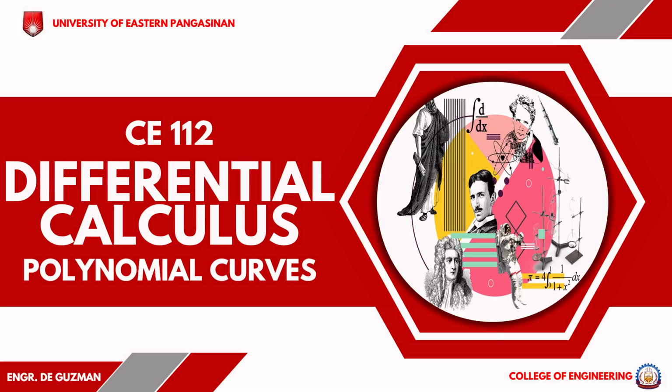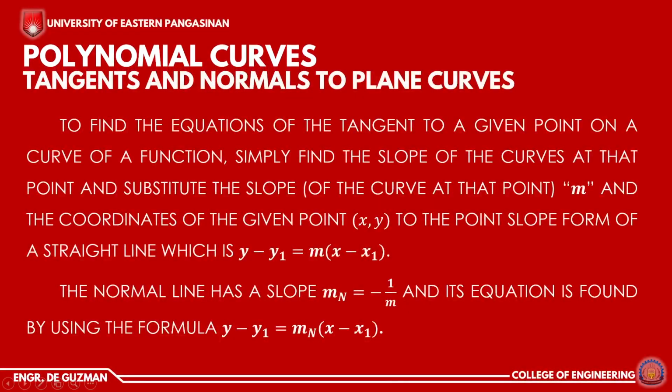So to find the equations of the tangent to a given point on a curve of a function, simply find the slope of the curve at that point and substitute the slope m and the coordinates of the given point x y to the point slope form of a straight line, which is y minus y sub 1 equals m times x minus x sub 1.